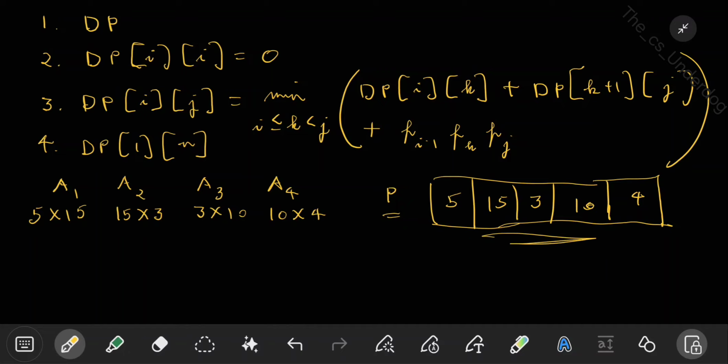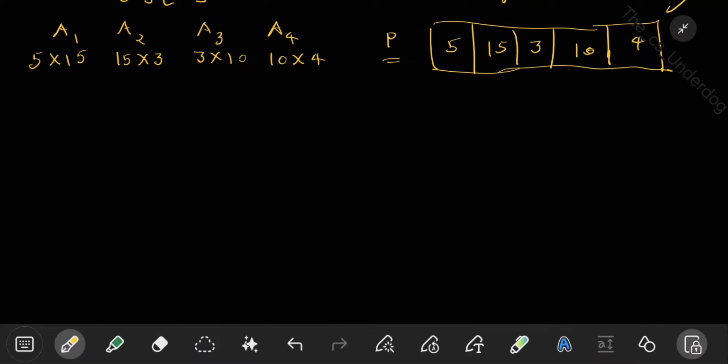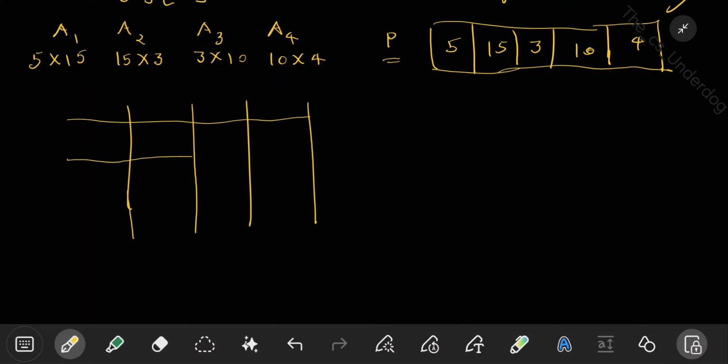So this is our array, which is the input array. Next step is we want to have a matrix. It is the dynamic programming table. How should the dynamic programming table look? It should have 4 rows and 4 columns corresponding to the 4 matrices we have. We'll draw this dynamic programming table. I'm going to number all of these.